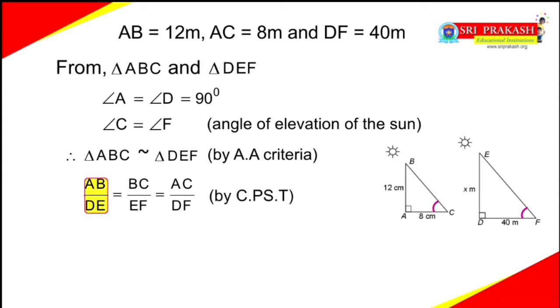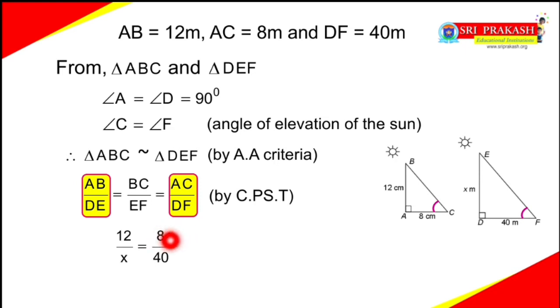Children, now let us substitute the values of AB, AC and DF in these two fractions. Then we get 12 by x is equal to 8 by 40.